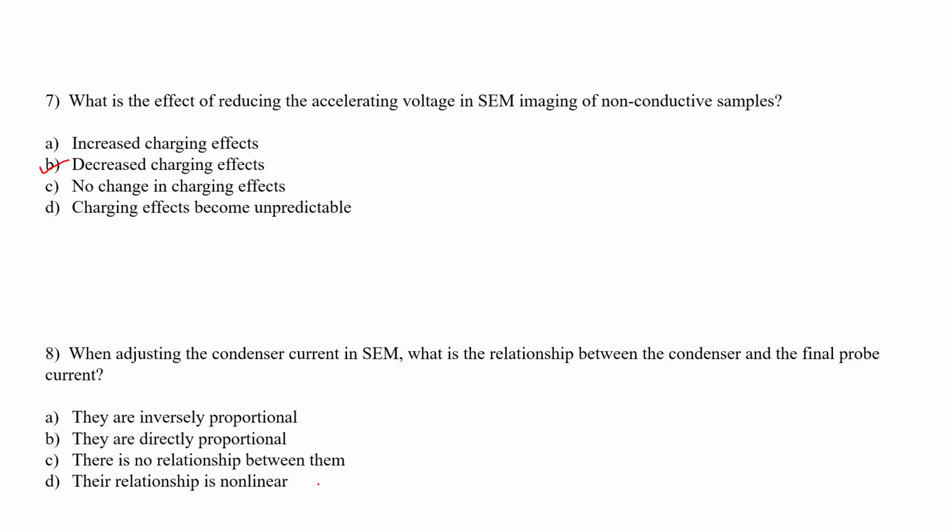When we are changing the current in the condenser lens, the final probe current will be directly proportional, because if we change the current in the condenser, its focal length will be smaller. If we are increasing the current, it will focus here only.